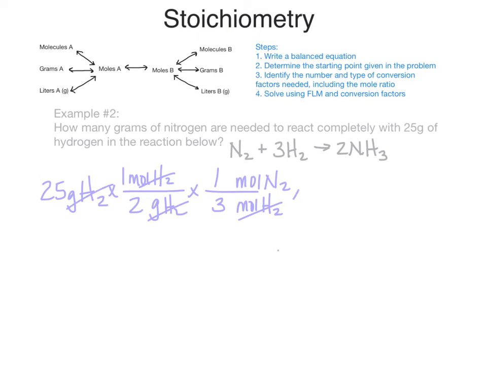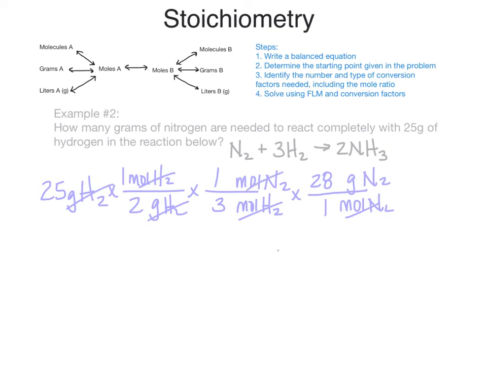And now I need to keep going because now I'm in my moles of nitrogen, but they asked me for grams of nitrogen. And I know that it's going to take 3 conversion factors. So my moles of nitrogen on the bottom, grams of nitrogen on the top. And if I have 1 mole of N2, I know my molar mass of 1 nitrogen is 14 grams per mole. So my molar mass of 2 nitrogens is going to be 28 grams per mole.